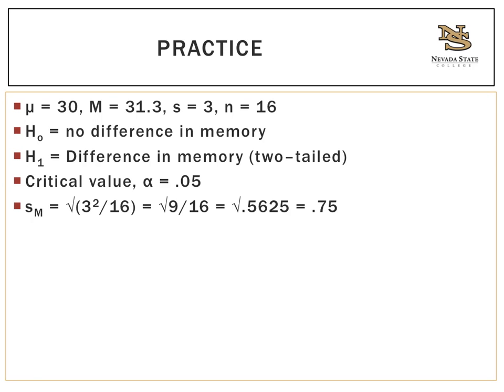So we just simply take our standard deviation and square it, divide it by our sample size, and then take the square root of that resulting number. So 3 squared is 9. We divide it by 16, which gives us 0.5625. We take the square root of that, which gives us an estimated standard error of 0.75.